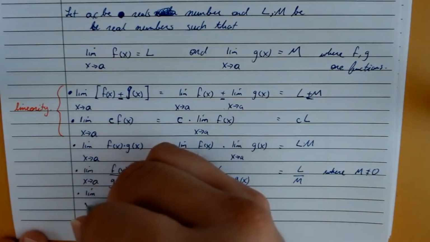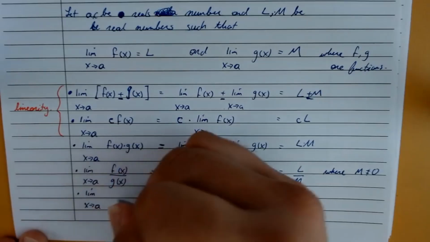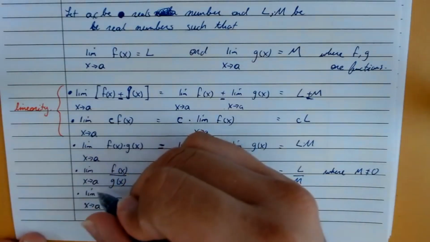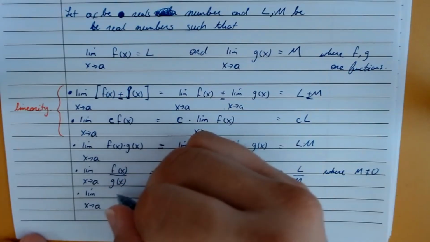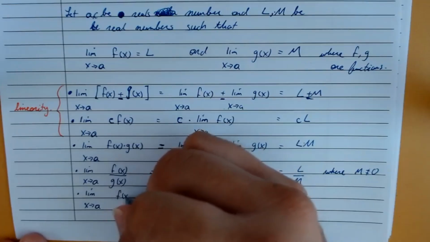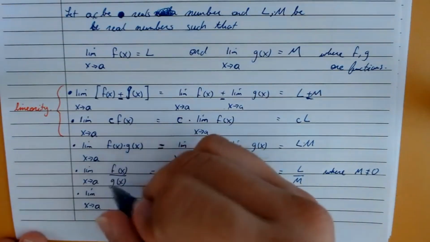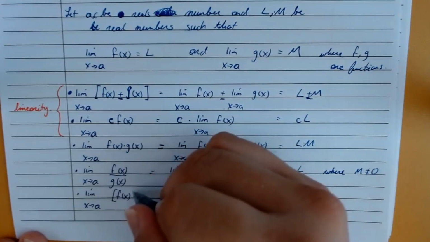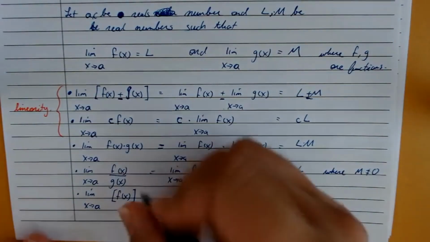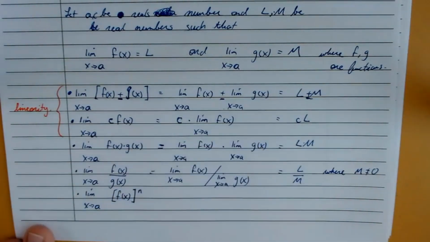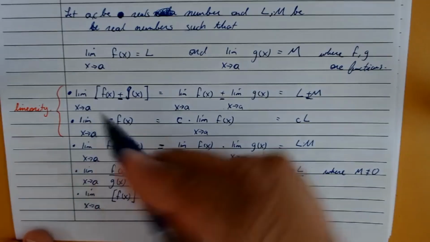So the next property is if you take the limit as x approaches a of f of x raised to a power, which we'll call n. And you say, well, we haven't dealt with an n before. Well, that's going to be a little bit different. Here we have a specific requirement. Here that's going to be f of x to the power of n.